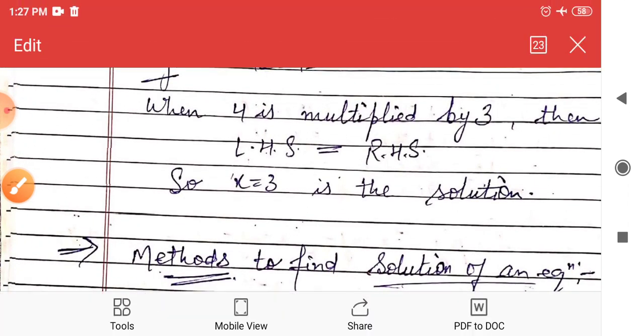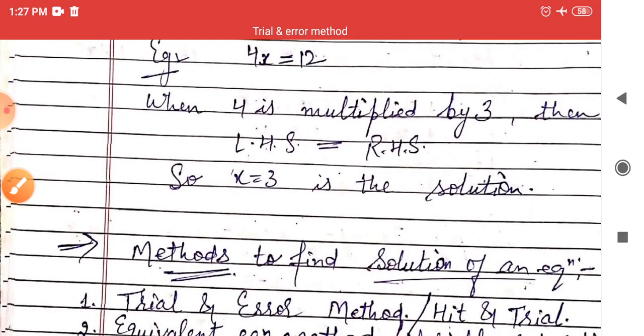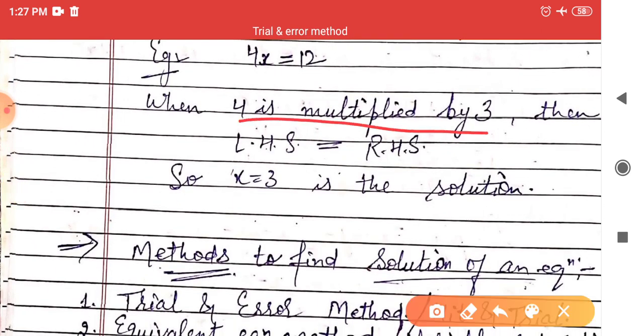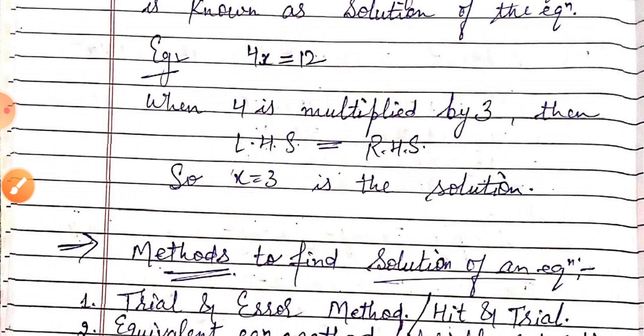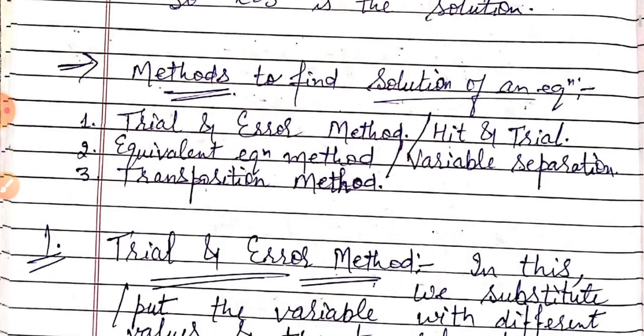That is, when we multiply 4 and 3, left hand side will be equal to right hand side. The value of variable at which left hand side and right hand side are equal, that value is known as solution. So here x is equal to 3 is the solution of the given equation.